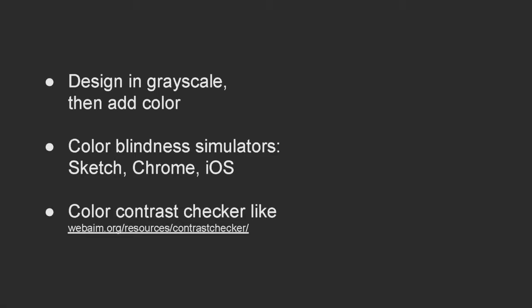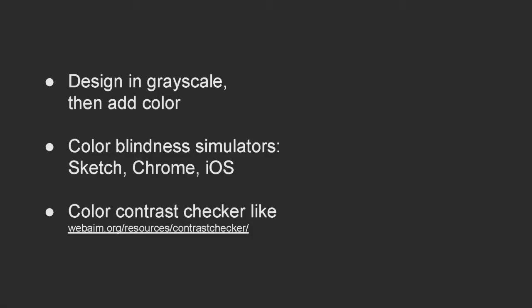Or if you're not comfortable with that, you like visualizing in color, at least then take your design and put a zero saturation filter over it, and that will help you to realize, okay, if you consider folks who don't see color at all, and if it works that way, then you'll probably have your bases covered, right?